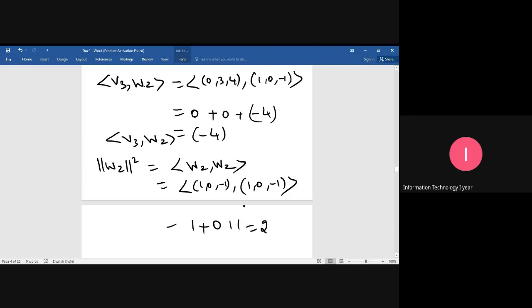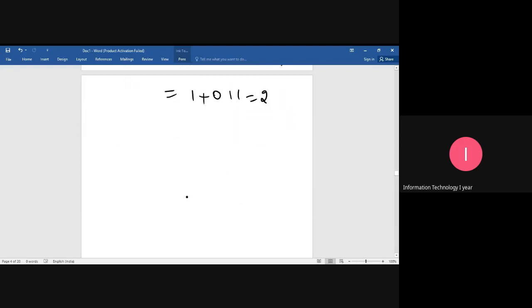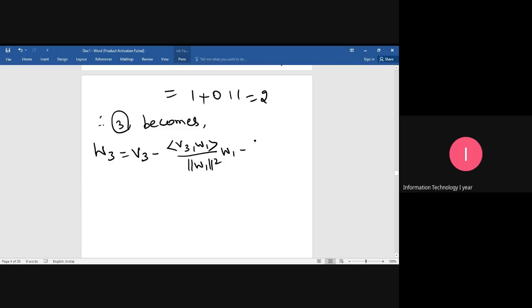So therefore we can write the answer for W3. The W3 formula says V3 minus inner product of V3 comma W1 by norm W1 square into W1 minus inner product of V3 comma W2 by norm W2 square into W2. Substitute all these values.